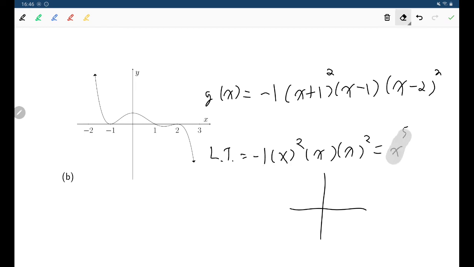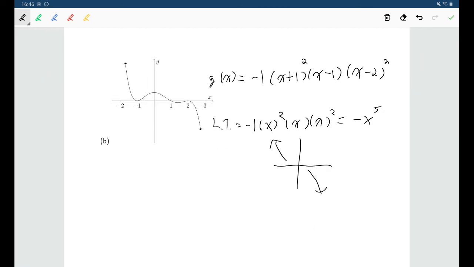In other words, my leading term would now be -x to the 5, and that should go down on the one side and up on the other. Yes, so this is something that would have the same end behavior as the graph that we've been given, and it also has the same x-intercepts as the graph that we've been given, with the behavior at the x-intercepts for the graph that we've been given.